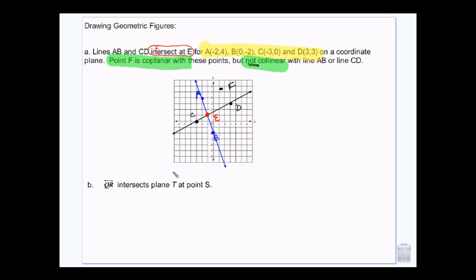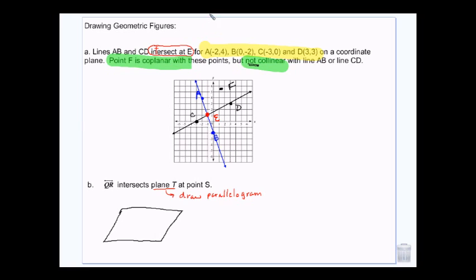Okay, so planes. Plane T. Plane T, we're going to draw a parallelogram. Okay, we haven't really gone over, you guys should know, a parallelogram is a rectangle, but then you kind of smush it sideways. And it does not have to be a pretty parallelogram, just so long as you draw something relatively parallelogram-ish.